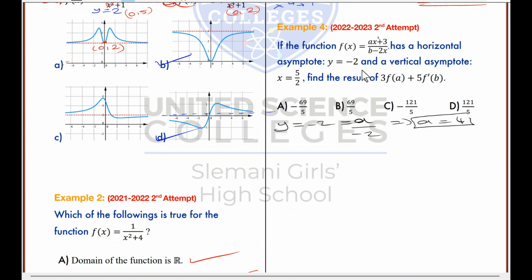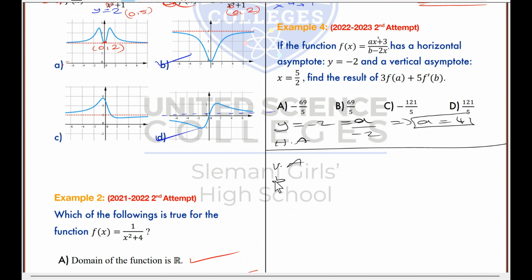Now we need b, and the vertical asymptote is given as 5 over 2. Remember, in a rational expression, after simplification, what makes the denominator 0 is the vertical asymptote. So what makes the denominator 0? The first, a, is found by using the horizontal asymptote. b will be found by using the vertical asymptote.